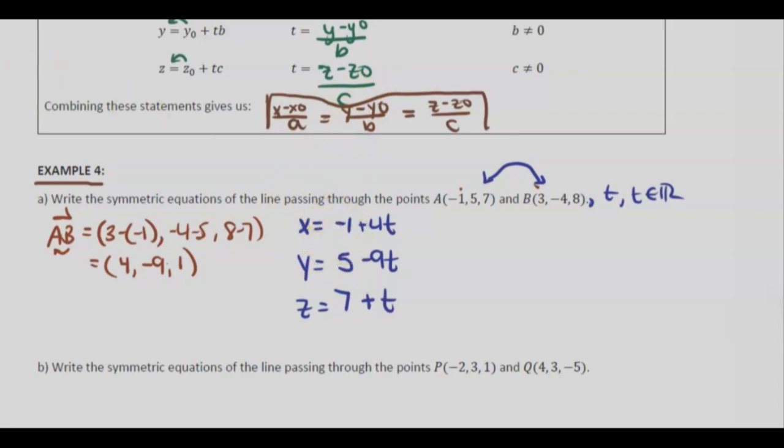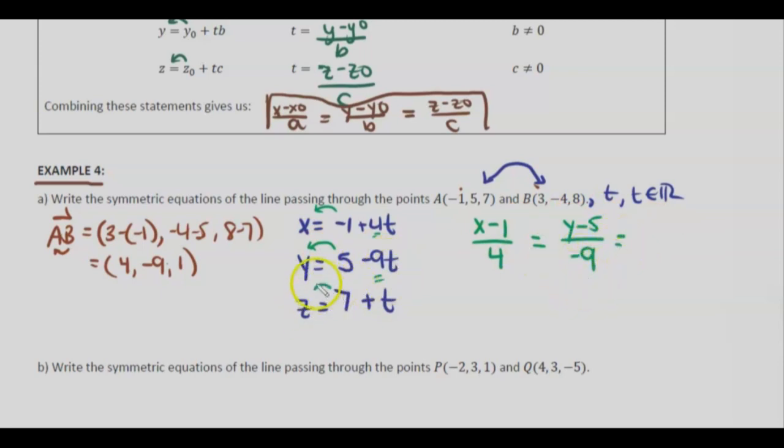So let's now write symmetric equations. So we would bring over the negative 1, and we'd get x minus 1, and then we would divide out by 4. Okay, so for the y, we would bring over the 5, y minus 5. Then we would divide out by negative 9.